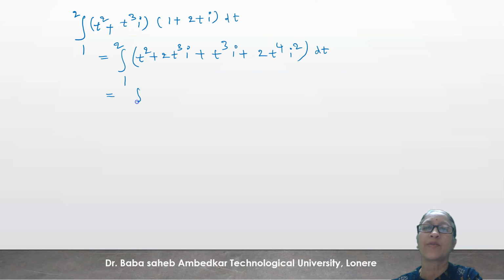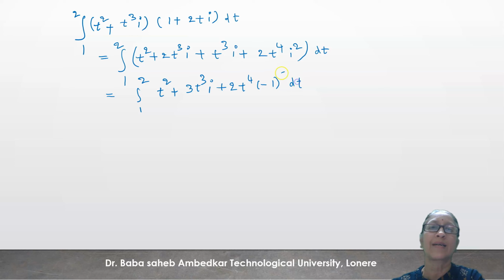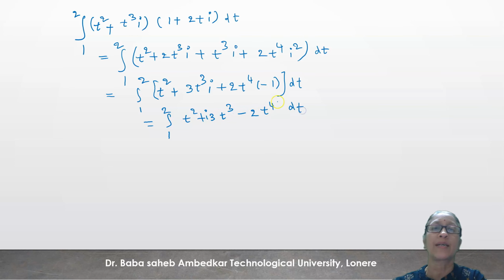Now i square equal to minus 1. Adding the two terms, we get 3t cube i plus 2t power 4 into minus 1. That means integral 1 to 2 of (t square minus 2t power 4) plus i into 3t cube, dt.